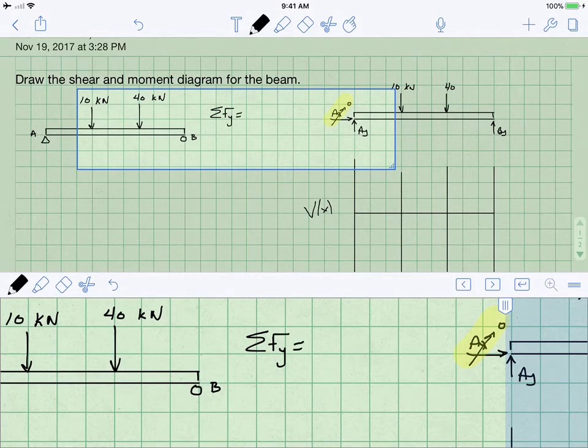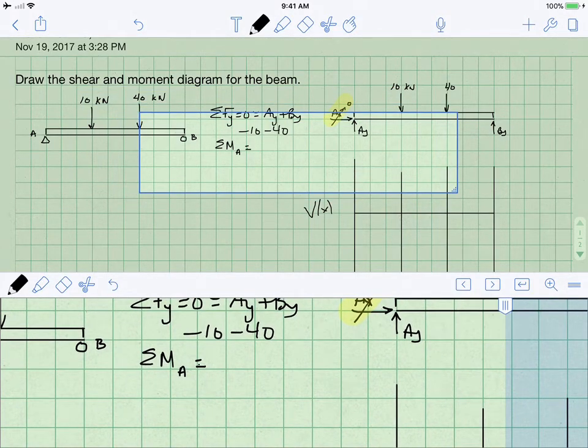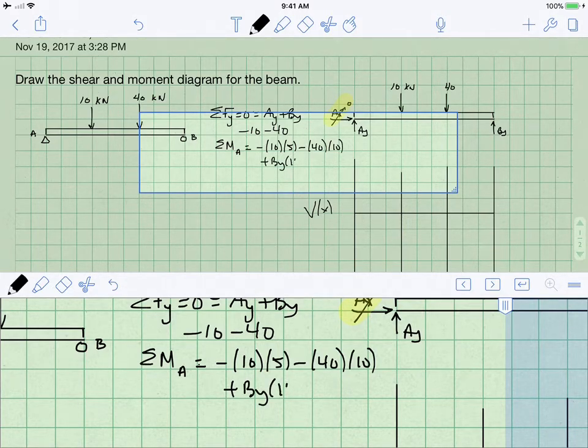These are purely vertical forces, and so as usual, we simply sum the forces in the y direction and set them equal to 0, and we see that AY plus BY minus 10 minus 40 is 0. We can also sum the moments at A. When we do that, we get that minus the 10 kilonewton force times 5 meters minus 40 times 10 meters plus BY times 15 is 0.